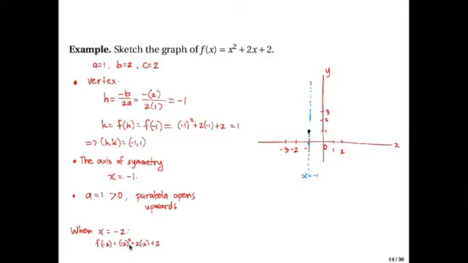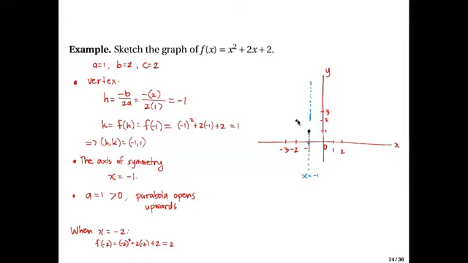So 4 minus 4 becomes 0, and then you have the plus 2 there. So you have negative 2 comma 2. So negative 2 comma 2 is somewhere here. This is x equals negative 2. This is y equals positive 2.